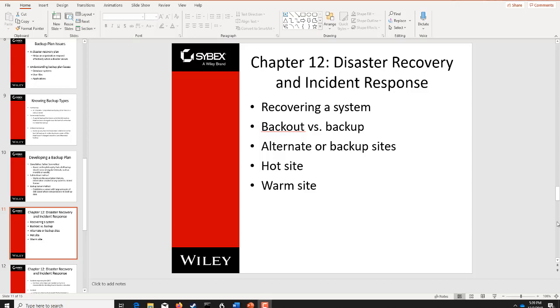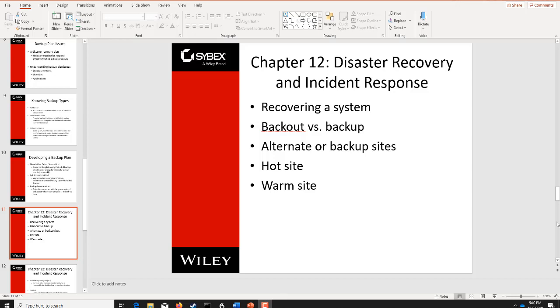Backout plans are used more often than not when you're doing change control versus a backup plan, which is basically normal operations. A backout plan, or sometimes referred to as a rollback plan, is how we get back to homeostasis, if you will, or status quo before changes are made.